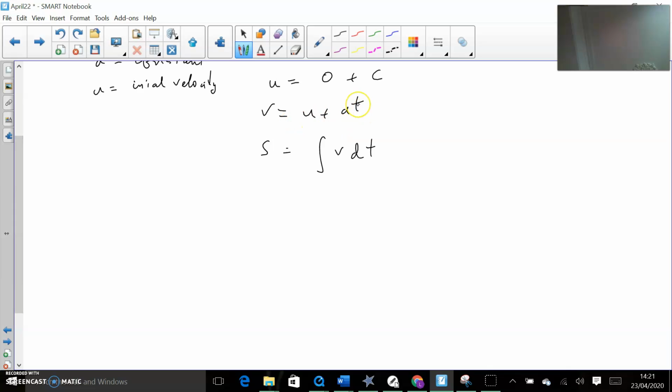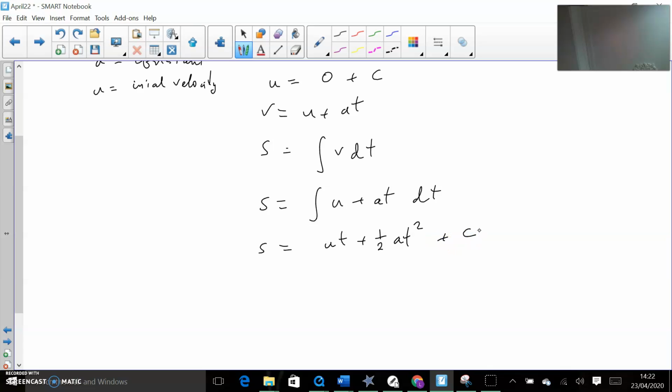And v we have as u plus at, so s is the integral of u plus at dt. U is a constant, a is a constant, so integrating we'll get ut, and then at is a constant times t, and if you integrate t you'll get a half t squared, so that would be a half at squared, which is the familiar formula, plus an arbitrary constant.